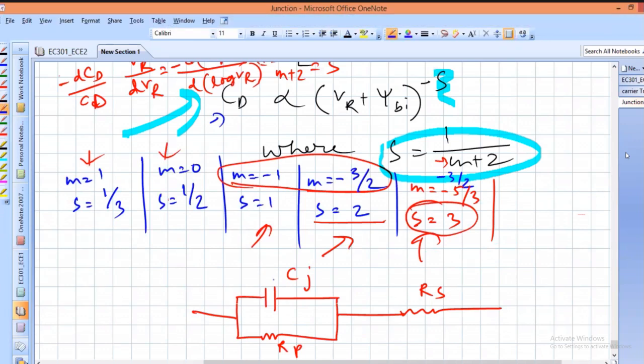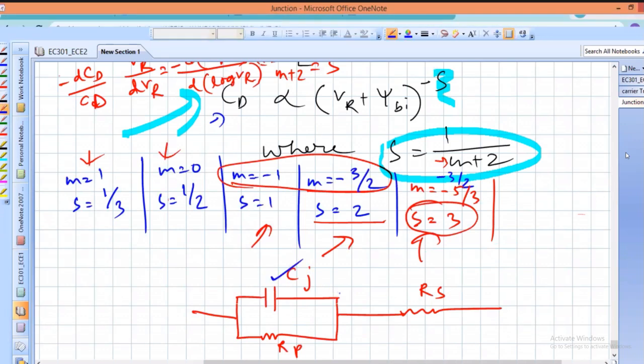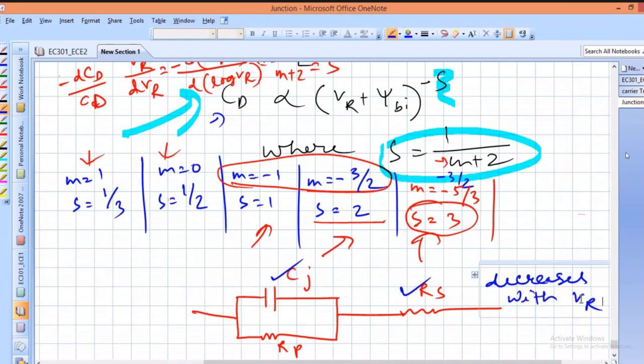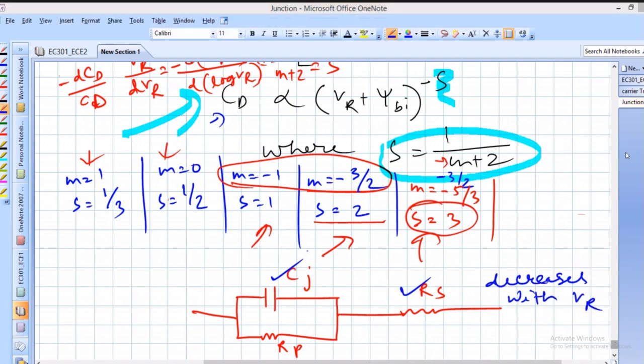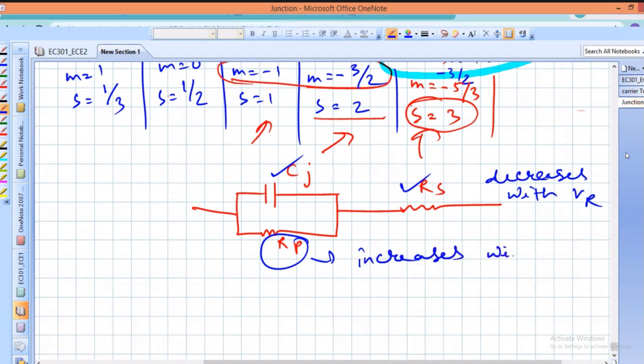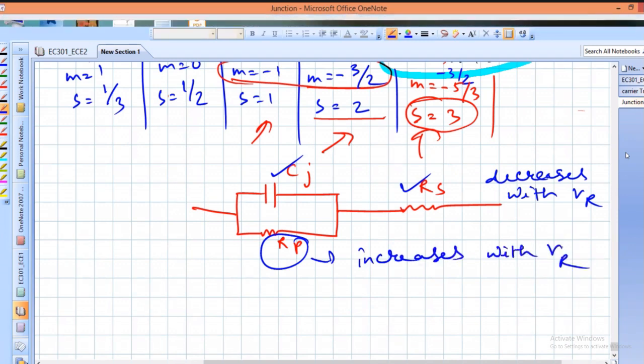This CJ is the junction capacitance, and CJ and RS decrease with the reverse bias voltage, and RP increases with VR. That's why they're connected that way.